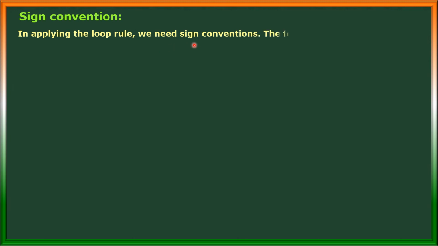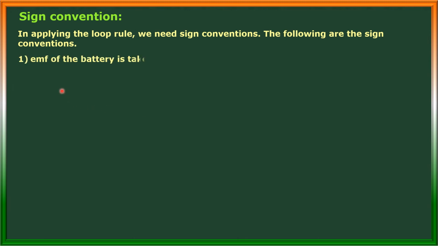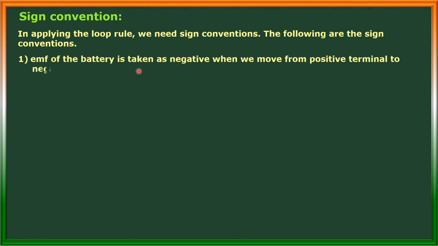We need to follow some sign conventions in applying the loop rule. So what are those sign conventions? Let us see here. The following are the sign conventions. This is the first sign convention. EMF, that is electromotive force of the battery, is taken as negative when we move from the positive terminal to the negative terminal across the battery.